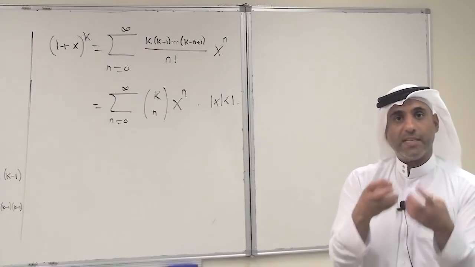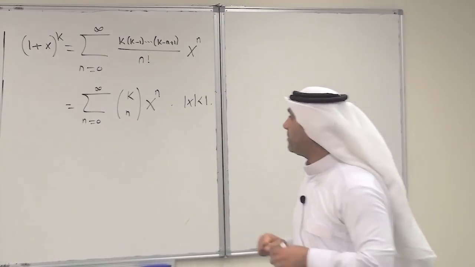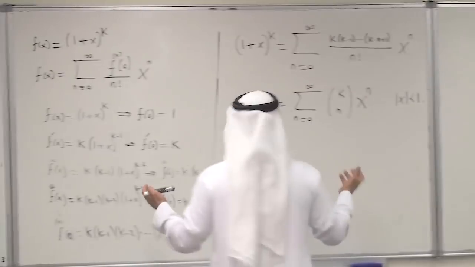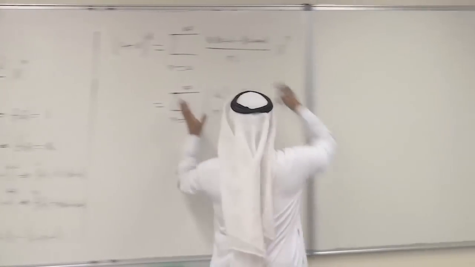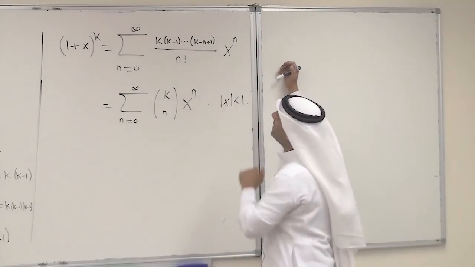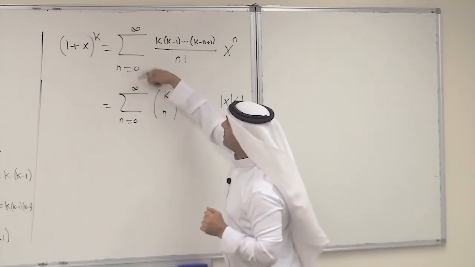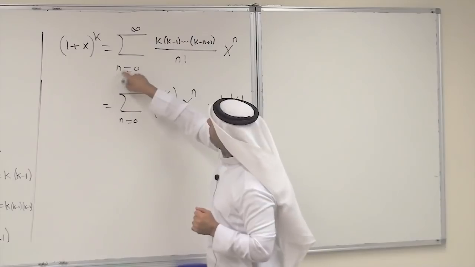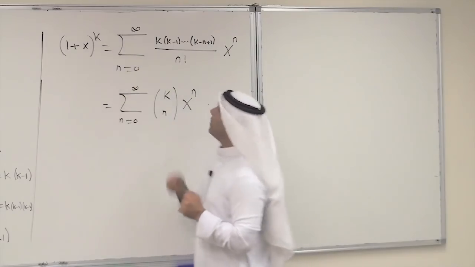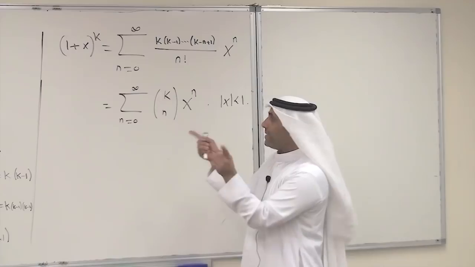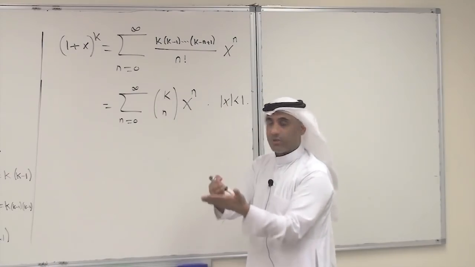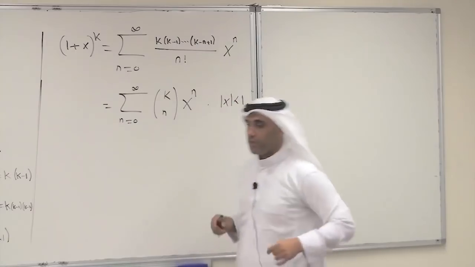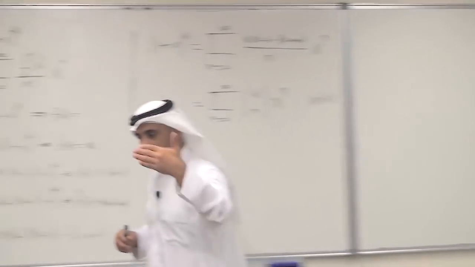So that is a special case of the binomial series. Why will it degenerate to a polynomial? Because if you expand this, and k is an integer, n is running here. So at one point, n will be exactly equal to k, and then we have the subtraction k minus k, and that is 0. After that step, everything else will be 0.